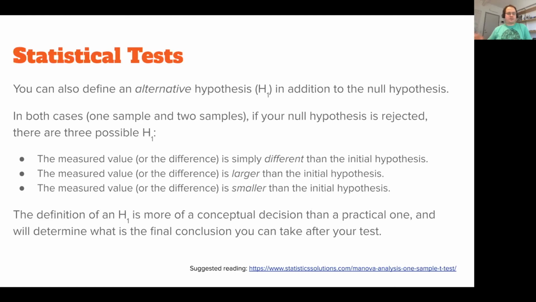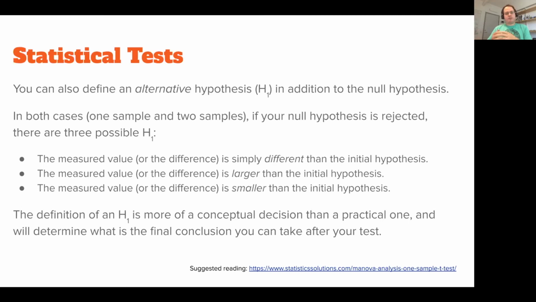In both cases, whether you have one sample or two samples, if your null hypothesis is rejected, there are three possible alternative hypotheses.